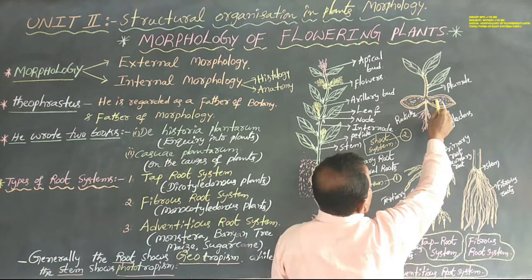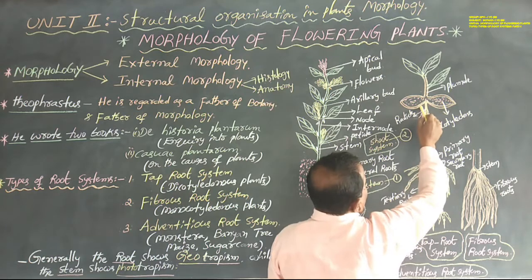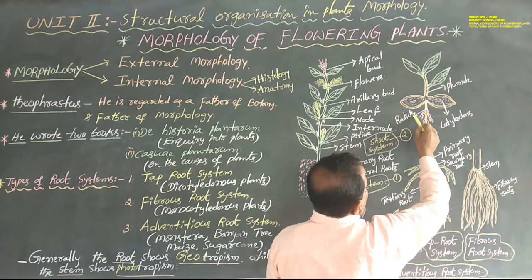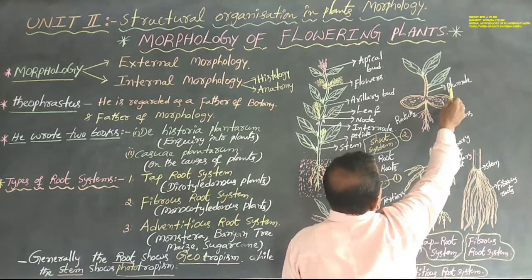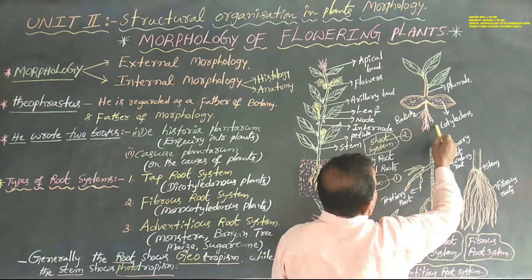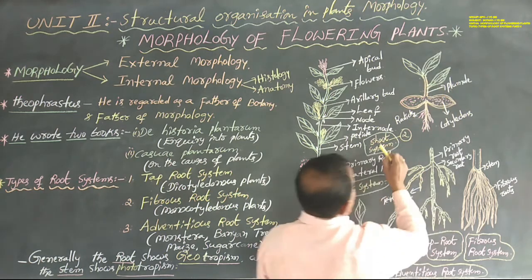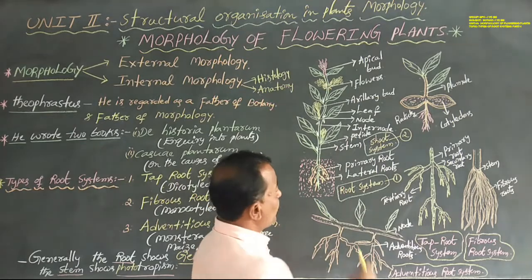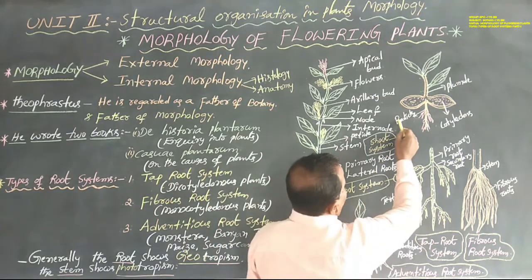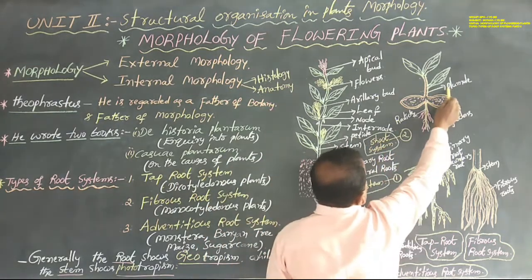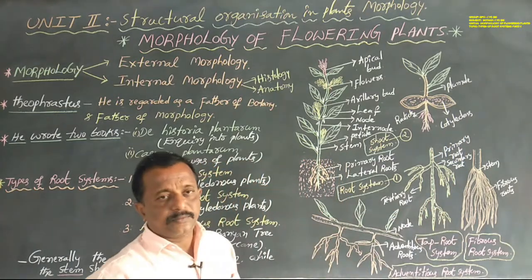In these cotyledons, the embryo axis is developed into two parts. One is radicle, second one is plumule. Radicle leads to the formation of the root system, plumule to the formation of the shoot system.